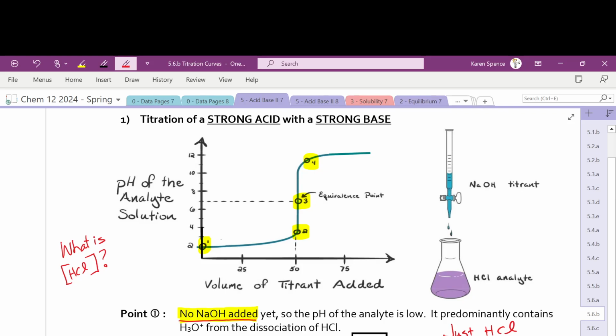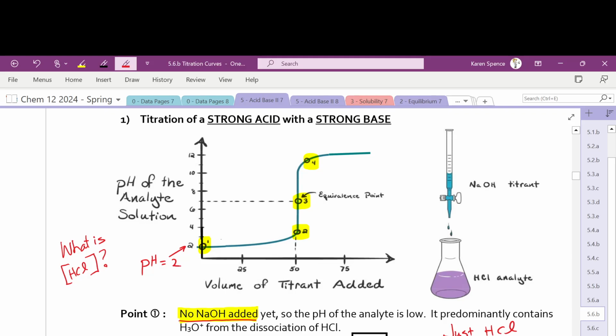Are you guys telling me you need your calculator to do this? Seriously? Go ahead, use your calculator. It's okay. The pH is 2.